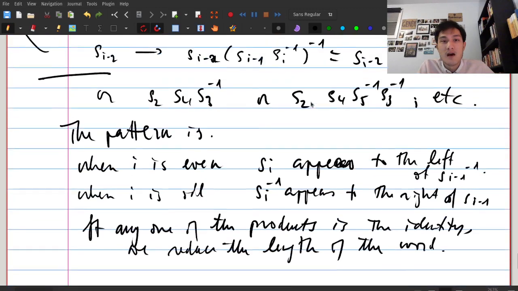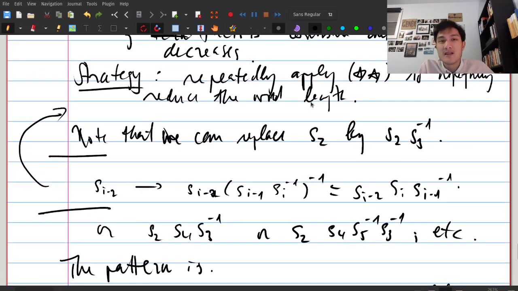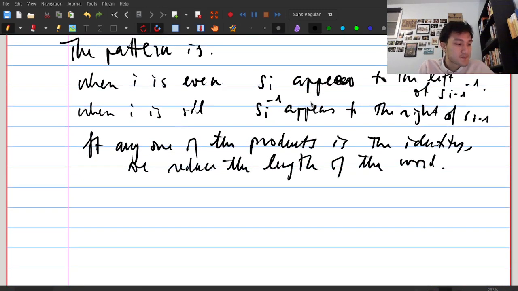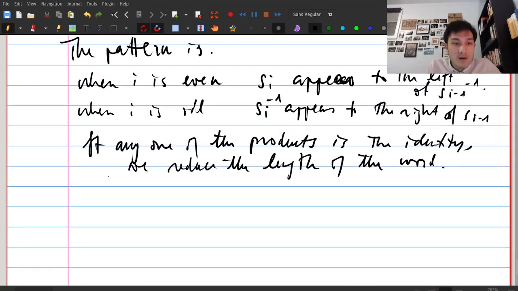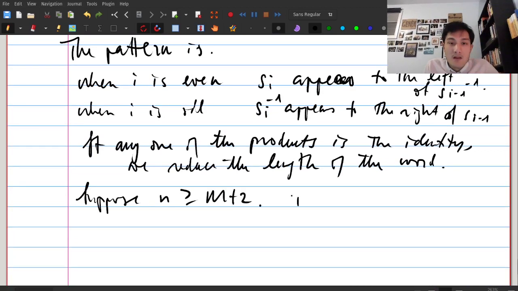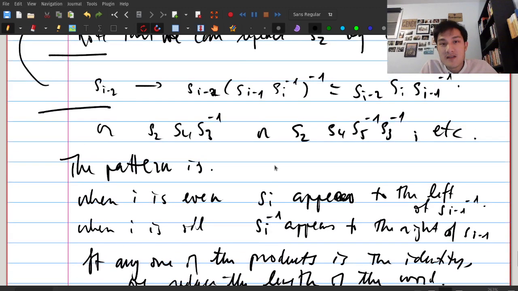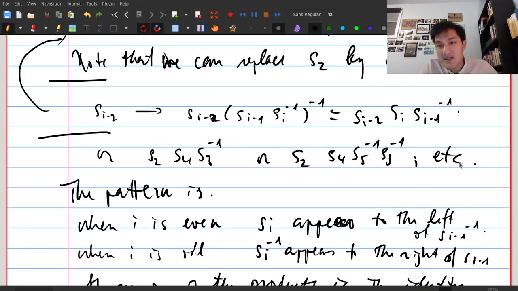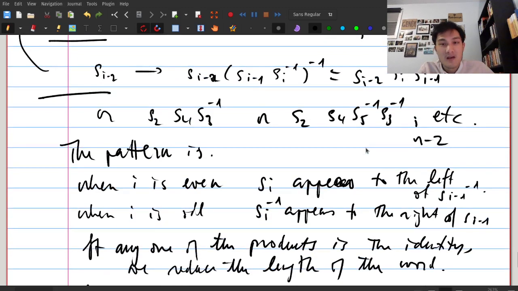To do that, we need the length of the word to be long enough. So suppose n is greater than or equal to m plus 2. Why plus 2? Because for S2, we can repeat this thing. Like when I say etc. here, there's n minus 2 possibilities, right? Eventually we're going to run out of things. We need i minus 2 to equal 2, so we need i to be, and i is at most n.